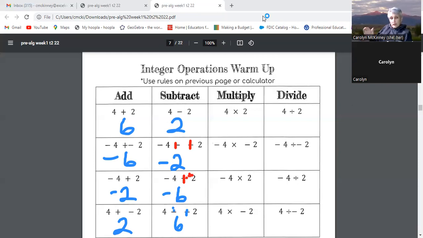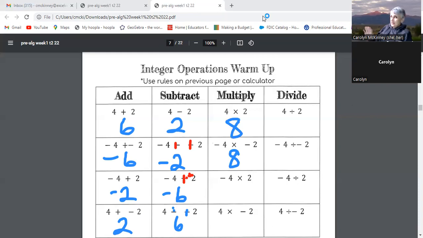Multiply and divide is much easier. Multiply and divide as normal. And then if the signs are the same, your answer will be positive. If the signs are different, your answer will be negative. So 4 times 2 is 8. -4 times -2, signs are still the same. That is still +8.